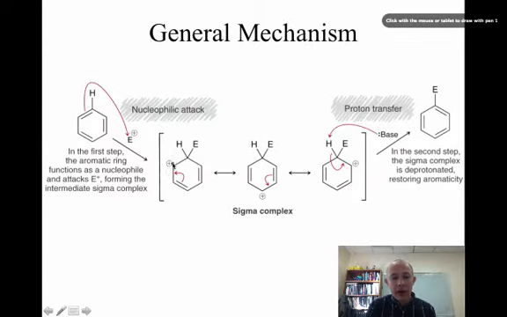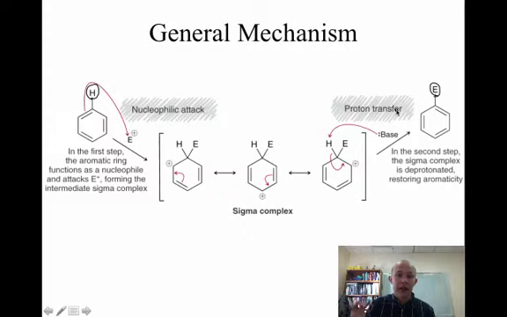And notice that this carbocation is allylic, so it has several resonance structures, but eventually a base is going to come along, pull off the hydrogen to restore aromaticity. So the net result is that we've substituted a carbon-hydrogen bond for a carbon-electrophile bond, and thus the name electrophilic aromatic substitution, you're substituting a CH bond for a bond to your electrophile on an aromatic compound.